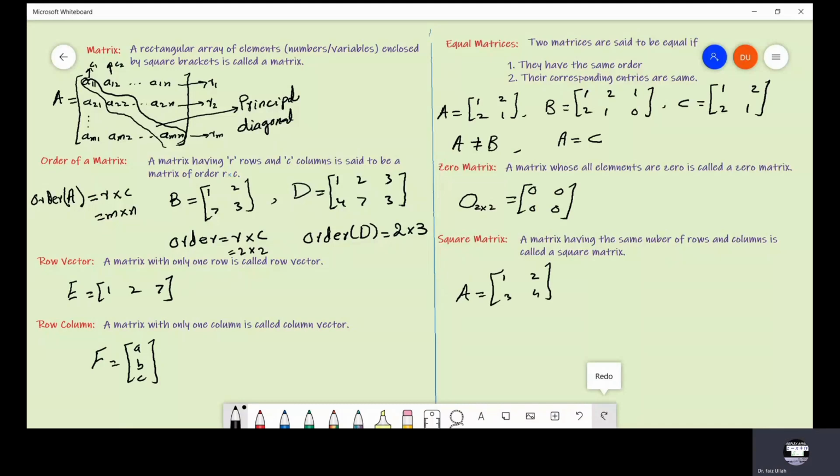So the number of rows and number of columns are the same. That is why this is a square matrix. But if I write another matrix B, in which I have 1, 2, 7, 7, 8, 9, there are 2 rows and 3 columns. So the number of rows and columns are not equal. That is why this is not a square matrix. This is a rectangular matrix.